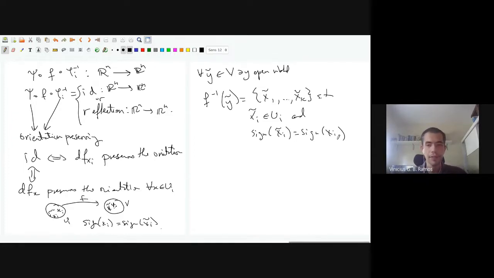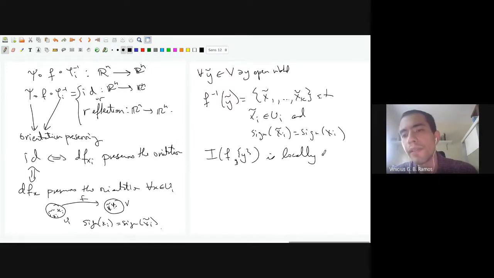So that is saying that the intersection number I of f at y is locally constant. If you vary y in a small enough neighborhood, this number doesn't change.